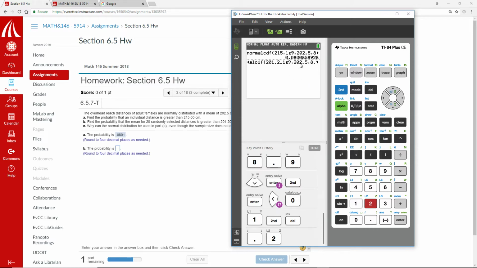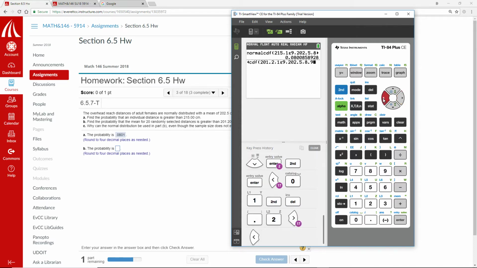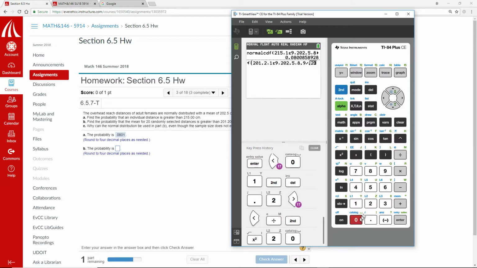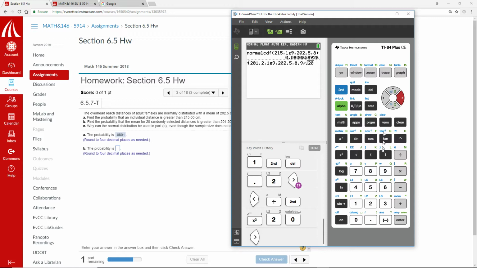The mean is still 202.5 because the sampling distributions of any sample size still will target it. And then for our deviation, it's going to be 8.9 divided by the square root of 20. And now you're going to have to close parentheses there.